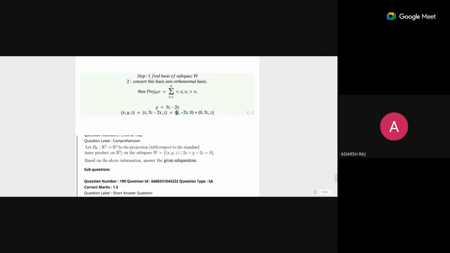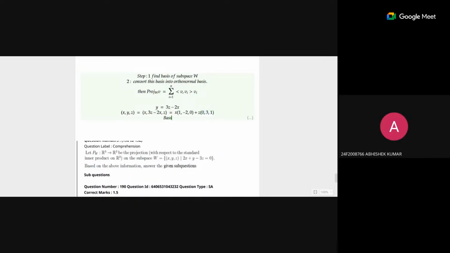So can I take x outside? 1, minus 2, 0. Means this is the basis for this W, right? So what are the dimensions for this? 2.